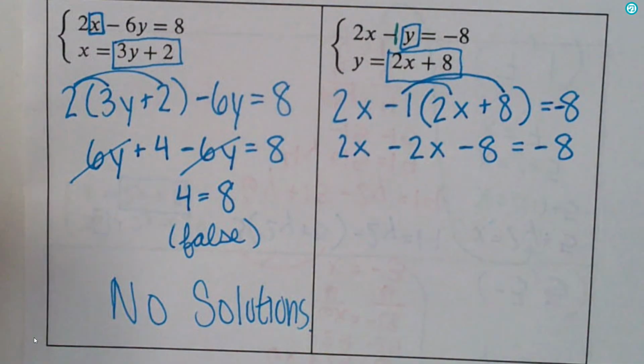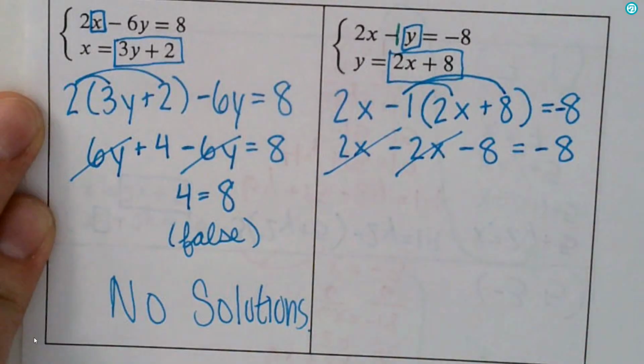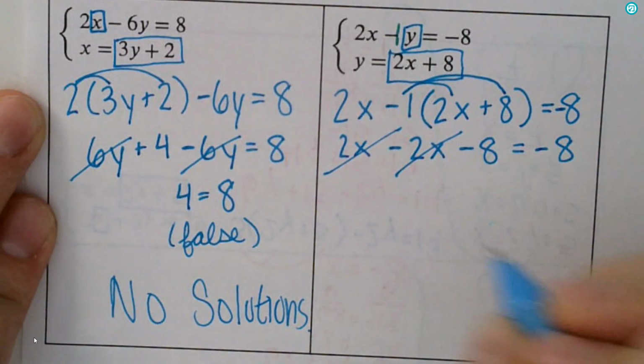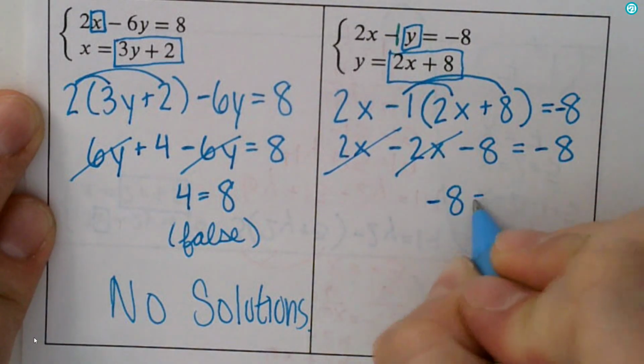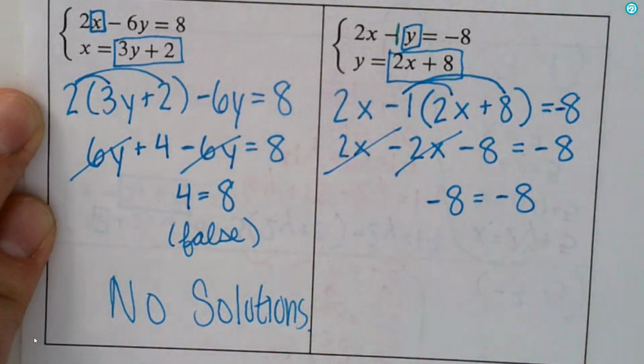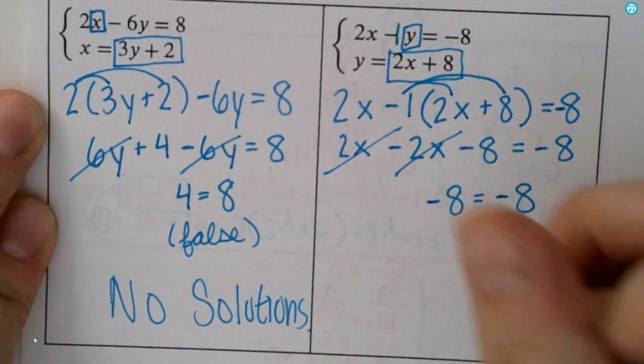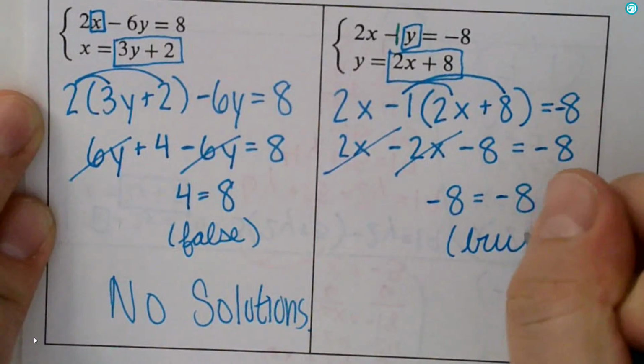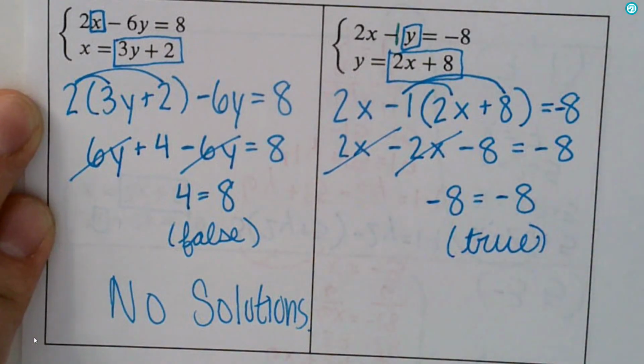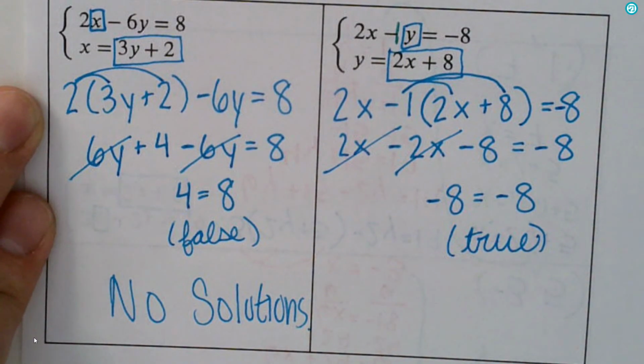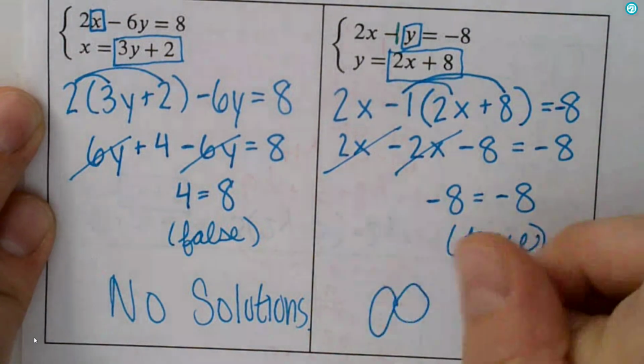I think you guys all saw that coming. 2x minus 2x. What I have left is negative 8 equals negative 8. Does negative 8 equal negative 8? Yeah, so that's true. If our variables disappear and we are left with a true statement, how many answers do we have? Infinite solutions.